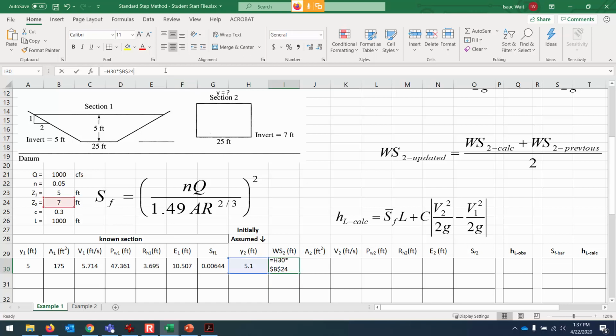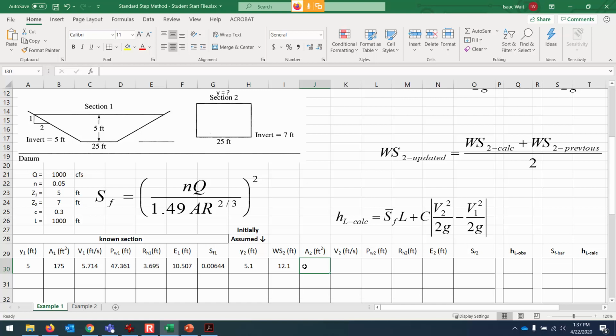Oh, plus, not times. Plus. There we go. So we're adding them together. You know, from the side view, the water surface is depth and elevation above the datum. So water surface at 2 is Y2 and Z2.